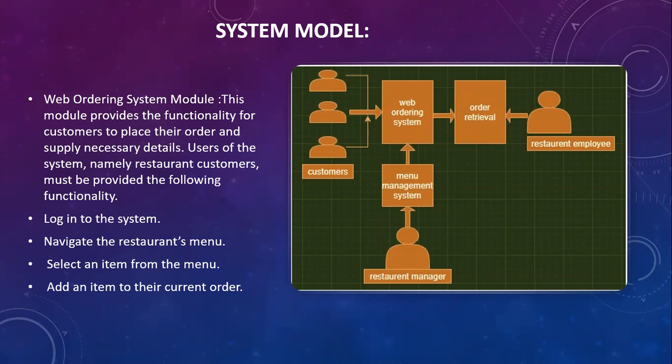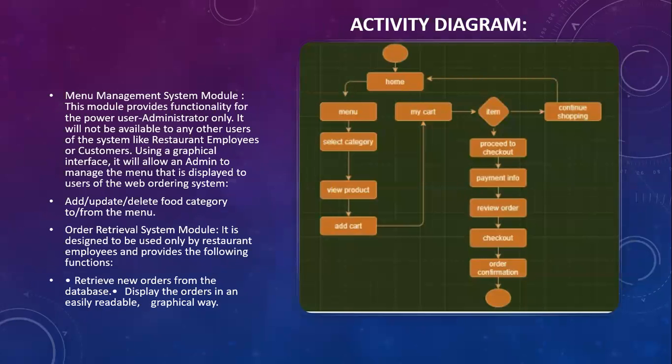So coming to the menu management system model, this model is mainly based on the administrator, where the administrator has restricted access over all the employees and customers, where he can add or delete items from the food categories.